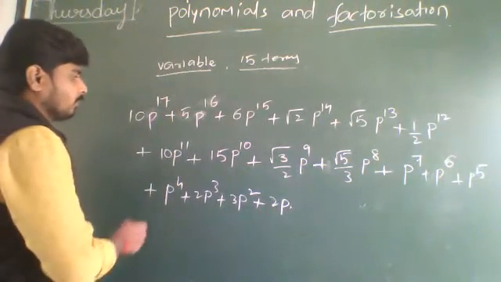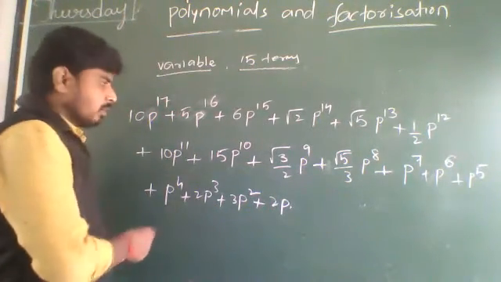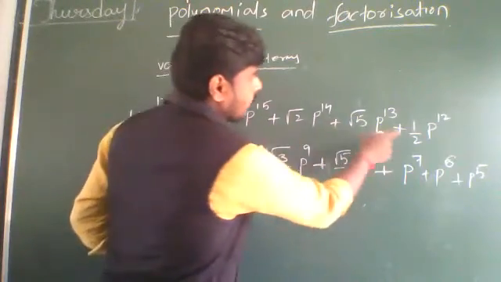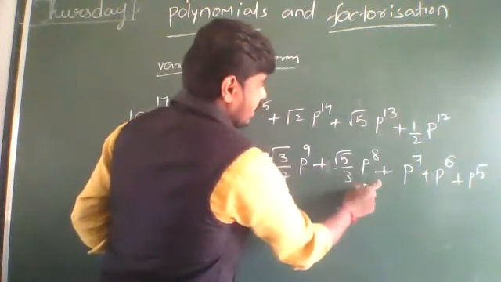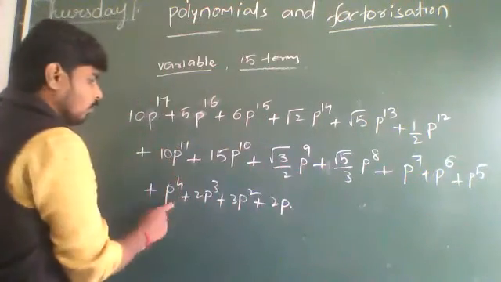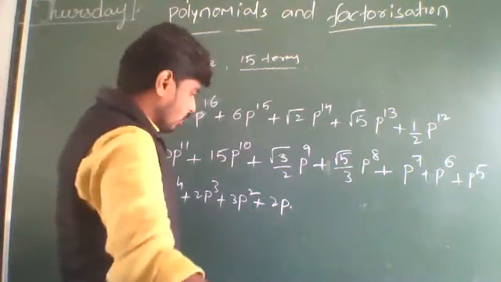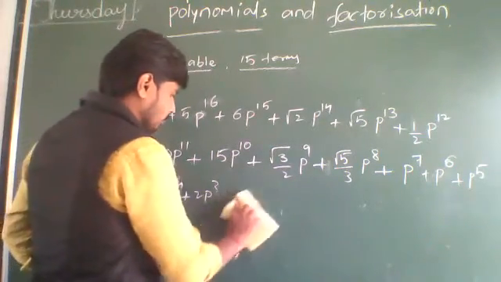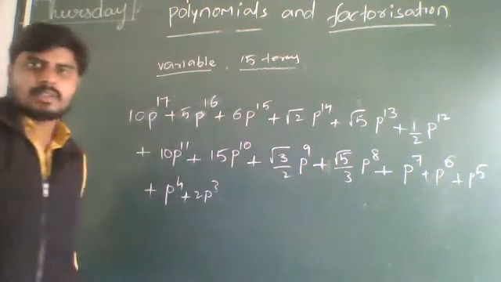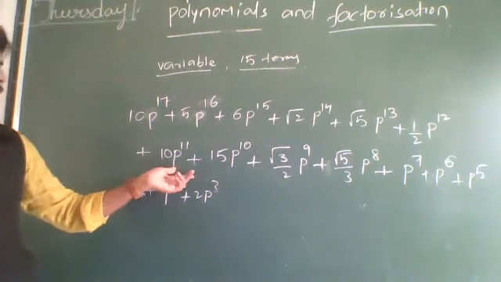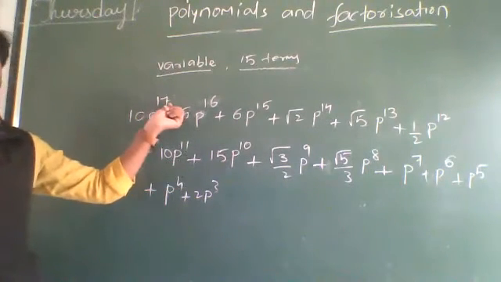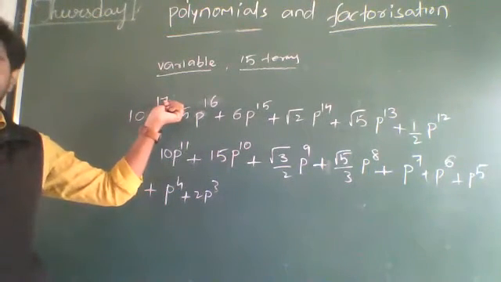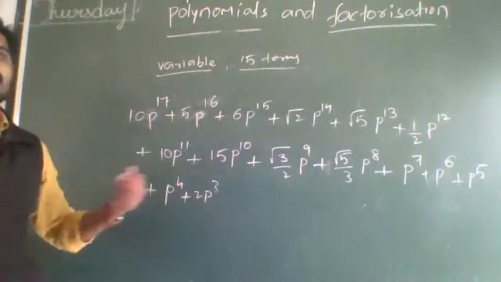How many? 1 2 3 4 5 6 7 8 9 10 11 12 13 14 15 16 17. So we can stop here also, no problem. That's it. Okay, this is a 17th degree polynomial, a 17th degree polynomial with 15 terms.